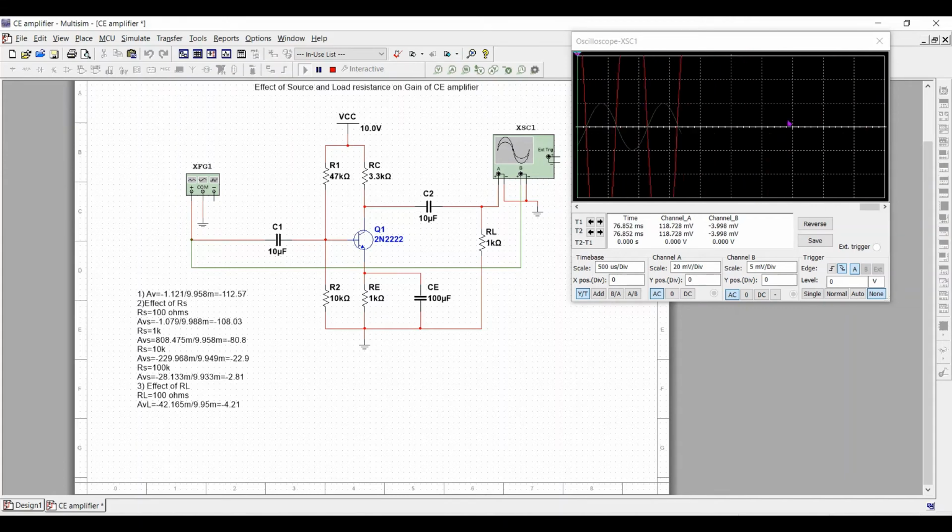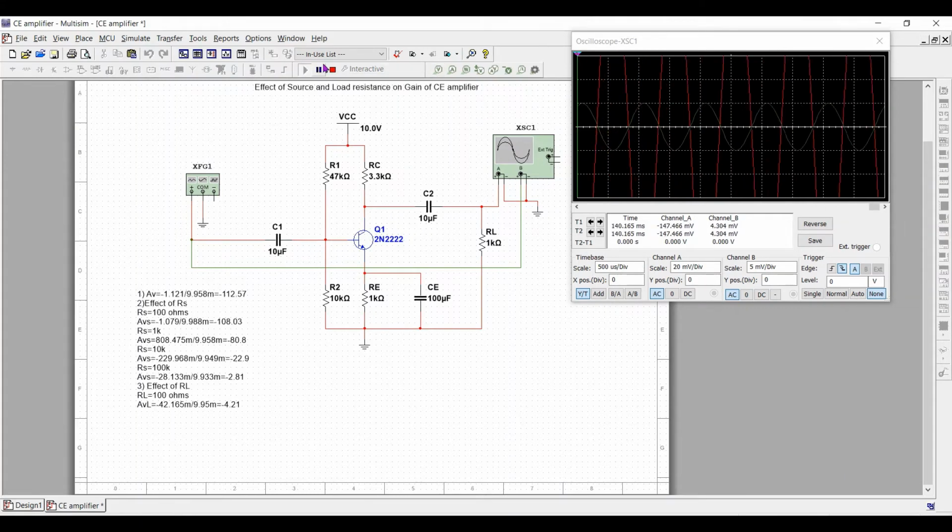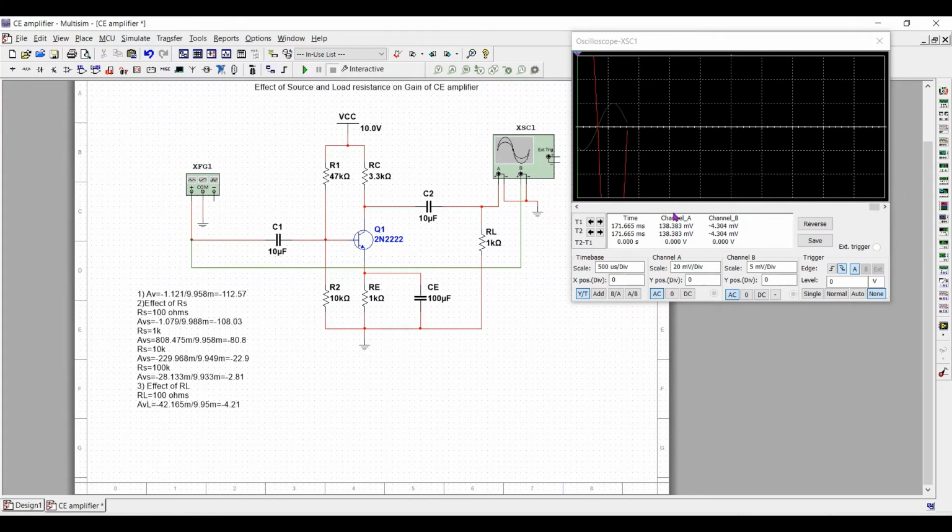If you can see, there is a tremendous increase in the waveform. First, let's adjust it. Let's scale it so that we can see the output waveform on the scale.